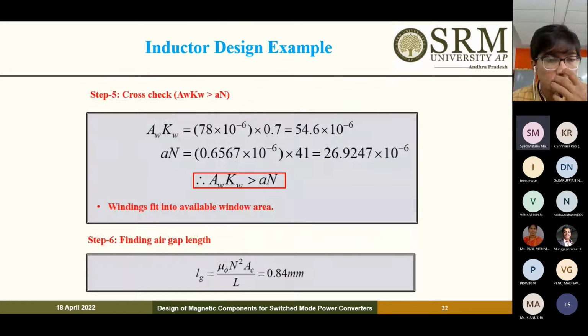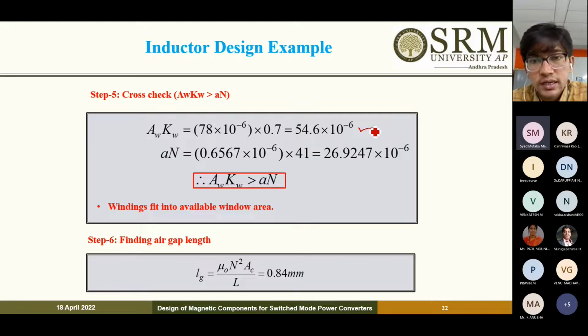So how to cross check? This is AW KW, the window area, 78 into 10 power minus 6 meter square. The window utilization factor is 0.7. If you multiply these two, this is the product AW KW. Similarly, the product of AN will be this one.